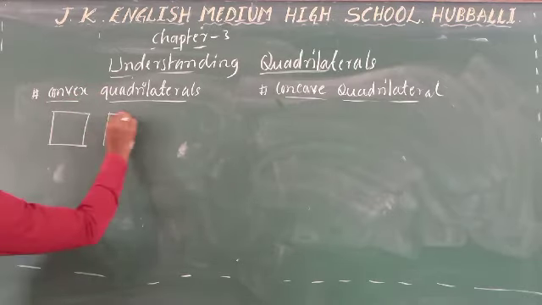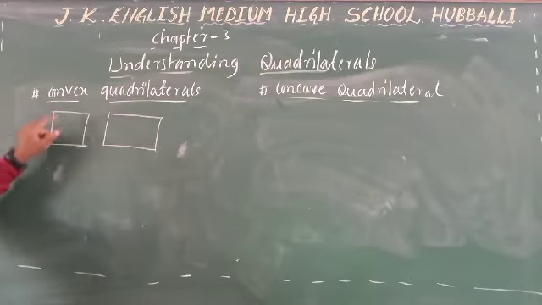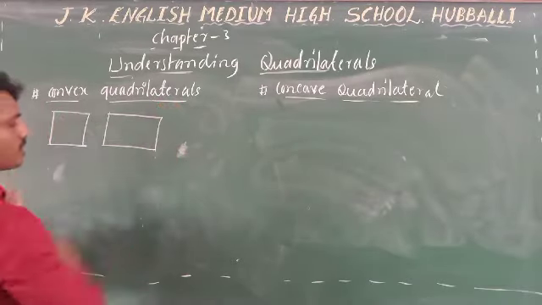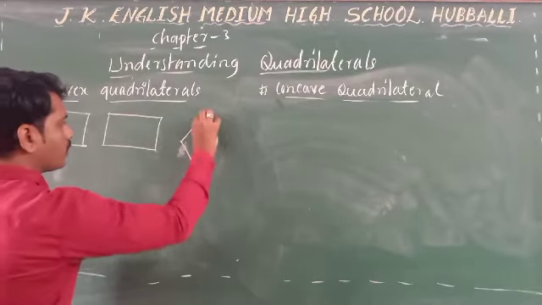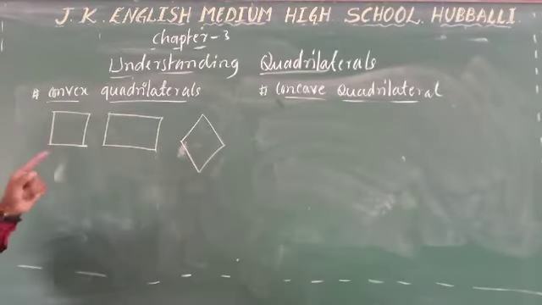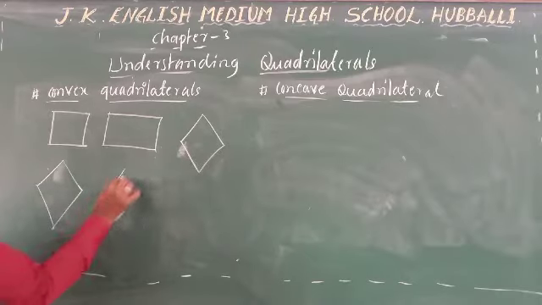Next, rectangle is also a convex quadrilateral. The dome shape is outside. Next, what will come? Rhombus. Rhombus is also a convex quadrilateral. Next, kite is also a convex quadrilateral.